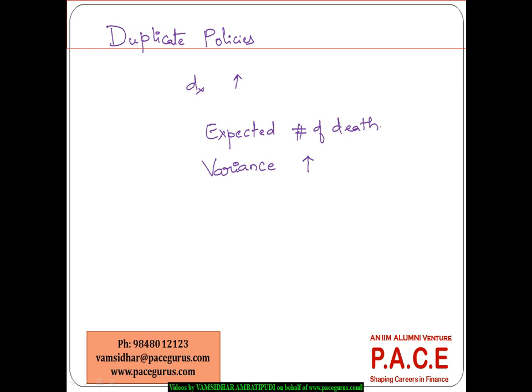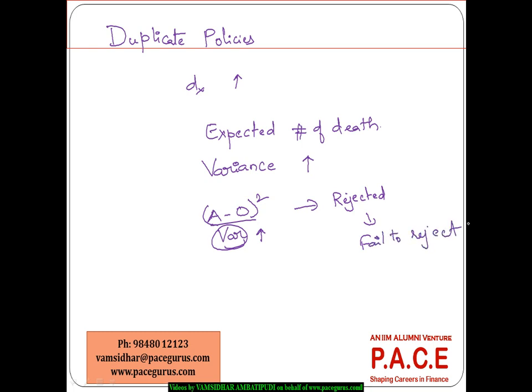So in any statistical test, where we are talking of actual minus expected, whole squared, divided by the variance, if the variance is going higher and higher, a null hypothesis which should be rejected may end up in the fail to reject category. So that's where the decision making criteria can get very badly affected, right?